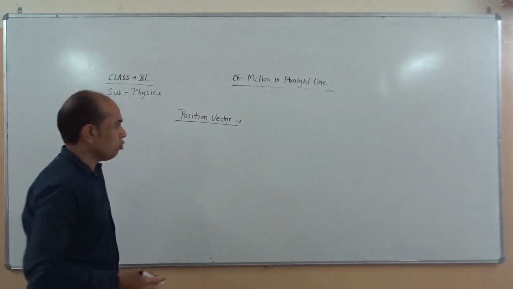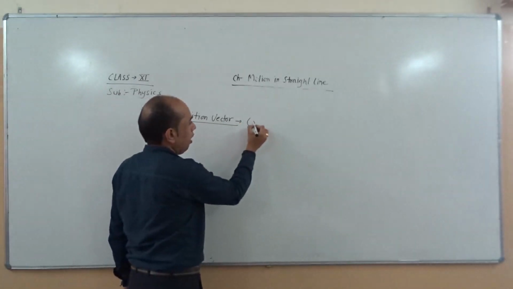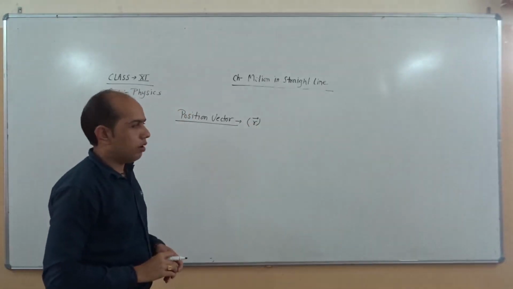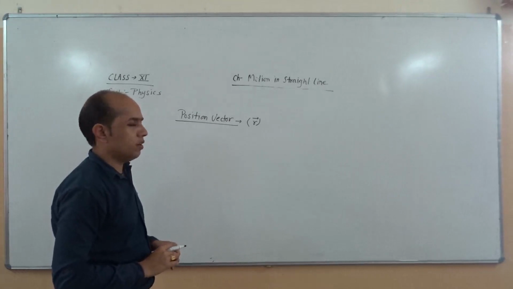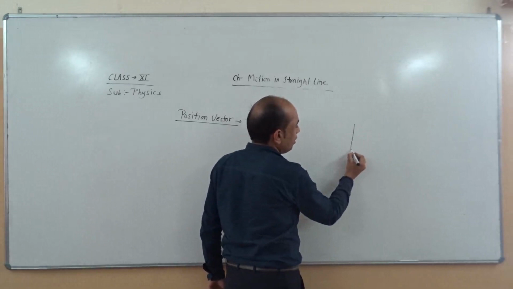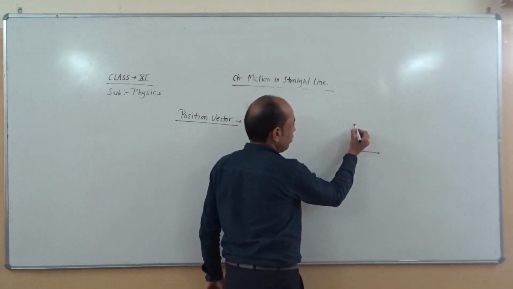The position vector is defined by r along with the vector sign, and for the position of an object we define where it is in one dimensional, two dimensional or three dimensional.